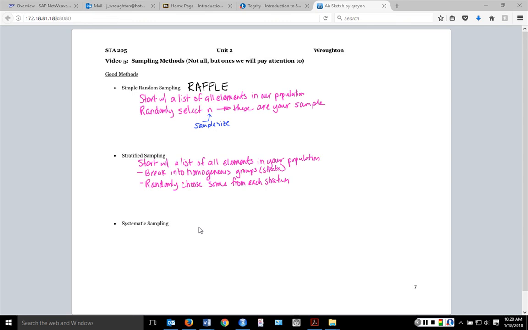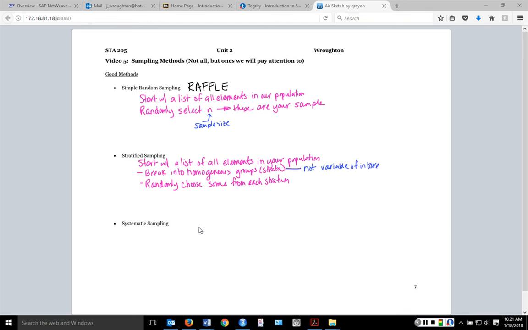So what I mean by that, maybe we take our population and break it up into men and women. And I'm going to sample 100 men and sample 100 women. That would be an example of stratified sampling. Now, an important thing about this: when I break it into my homogeneous groups here, this can't be on your variable of interest.